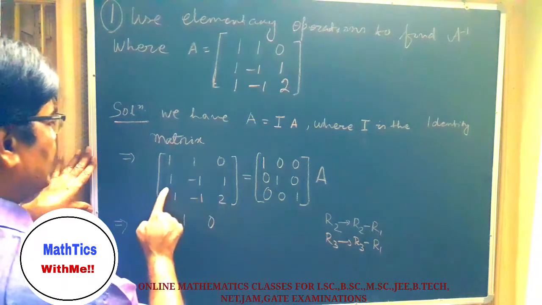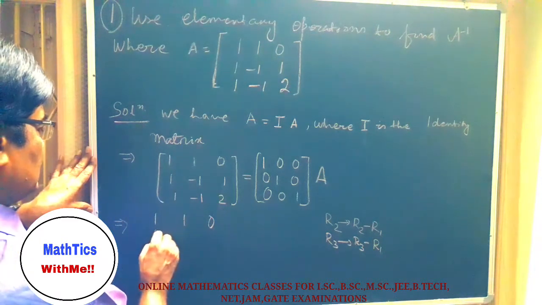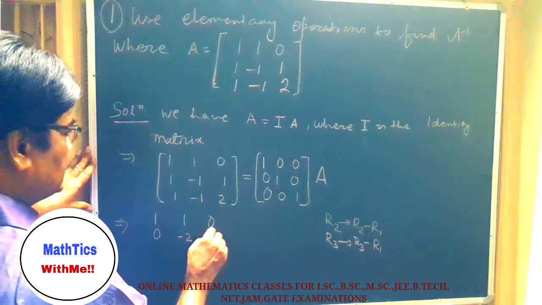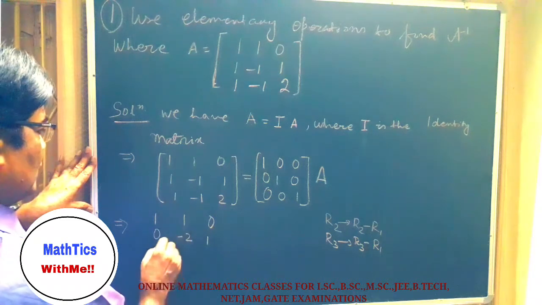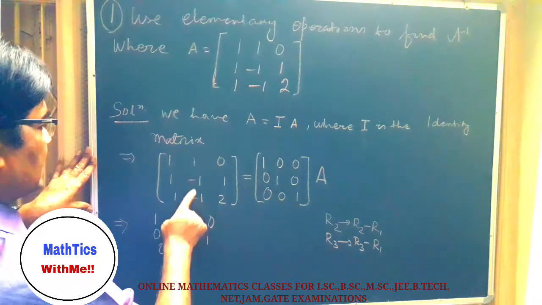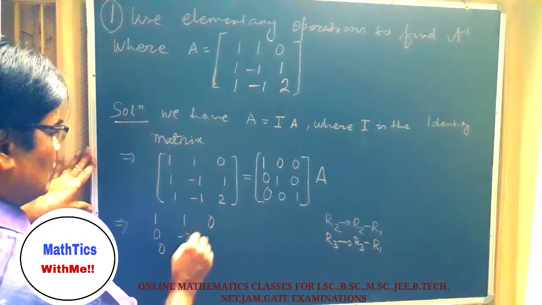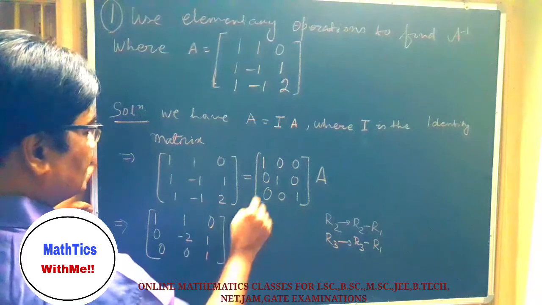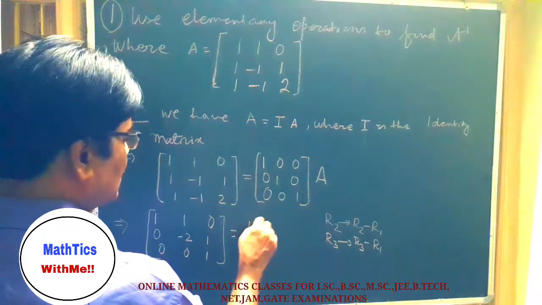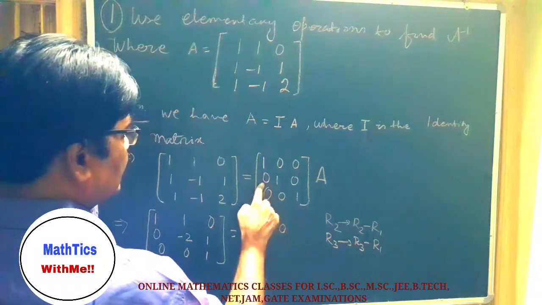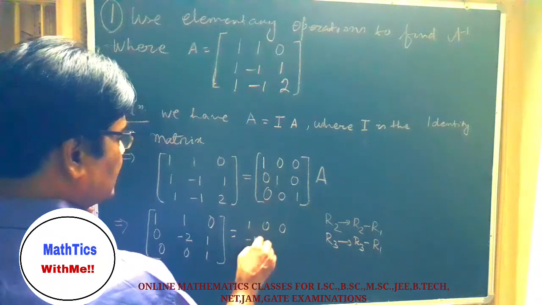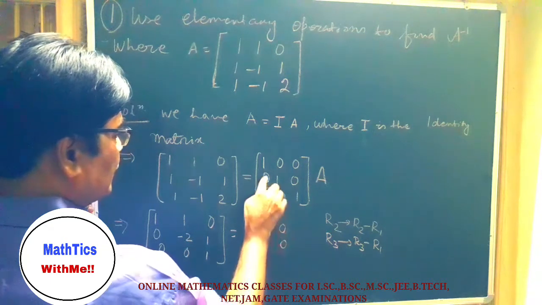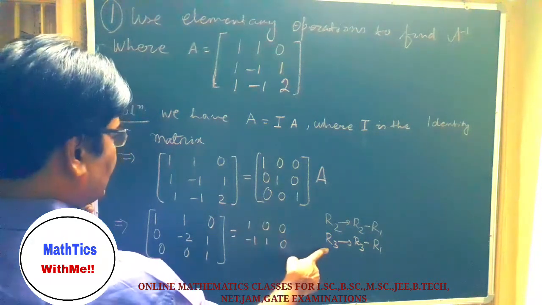Row 2 is replaced by row 2 minus row 1. Similarly, on the right side, the first row will remain as such.